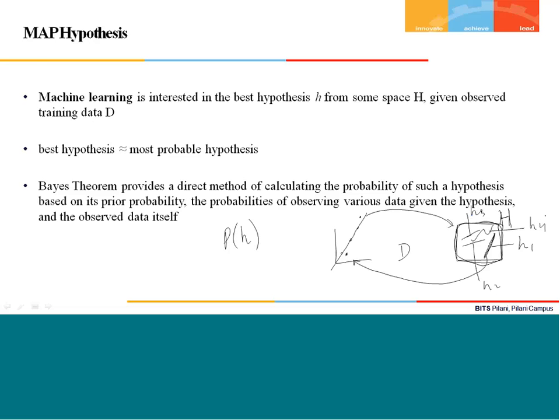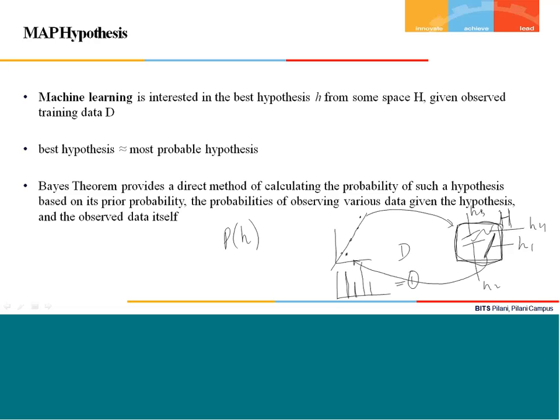But if you prefer one hypothesis over the other, then there would be some distribution over this space. For example, let's say somebody says that H1 is most probable, then the probability of H2 is this, then H3 probability is this, and H4 probability is this, and the sum of all these probabilities must be equal to 1, right?